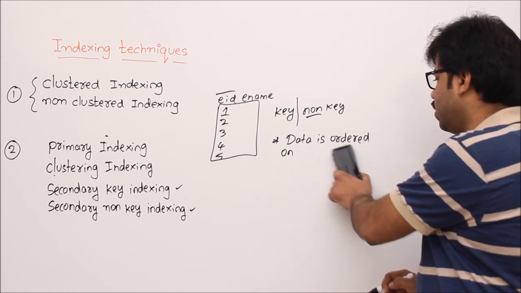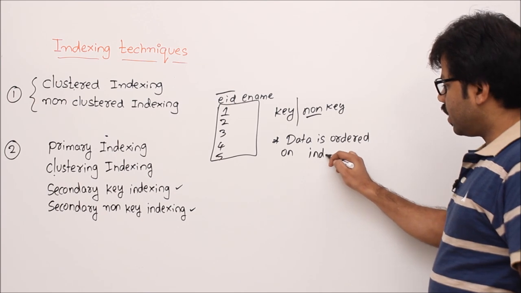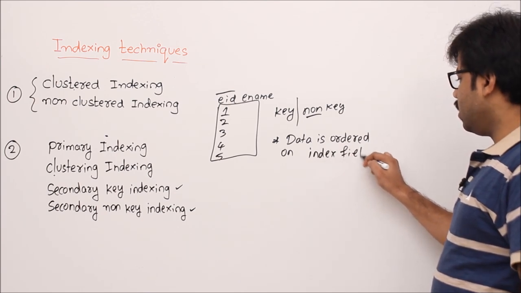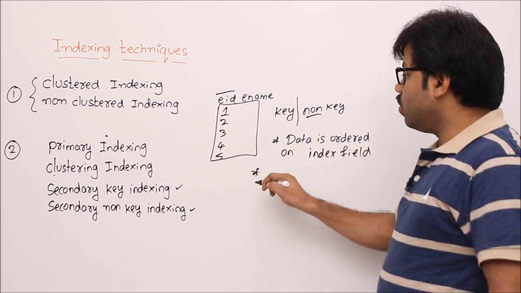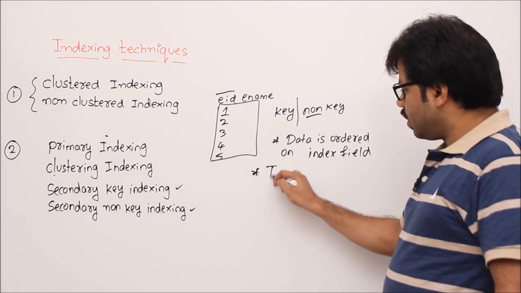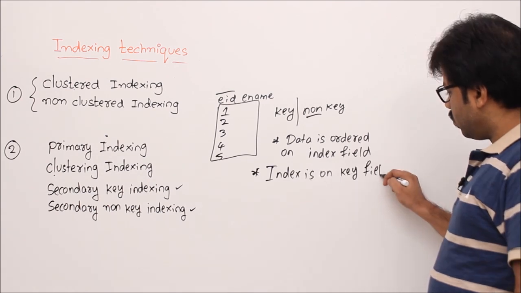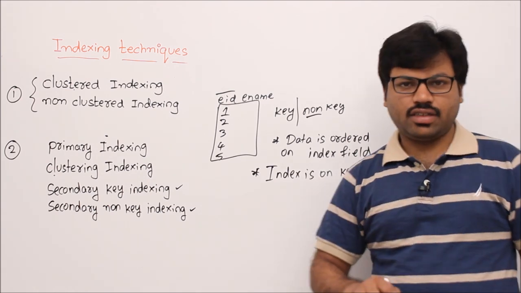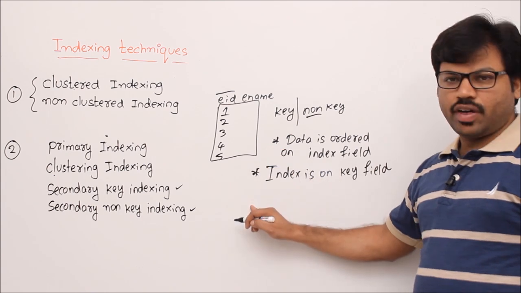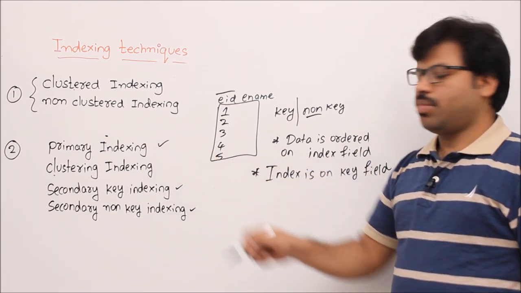That is the one condition. The second condition is your index is on a key field. Then we say that is primary indexing. You always remember these two important points whenever you try to understand primary indexing.